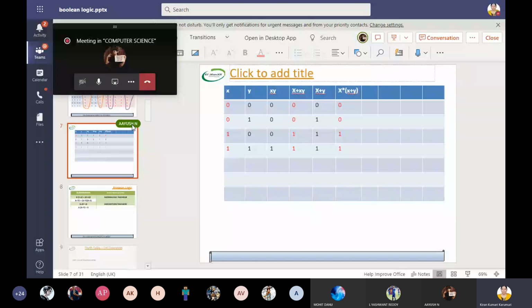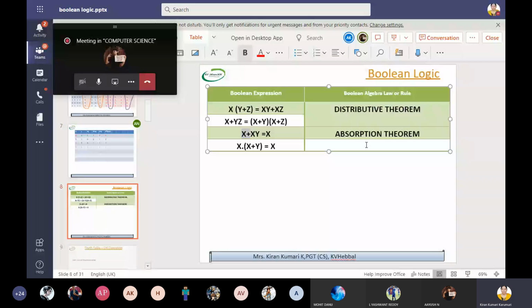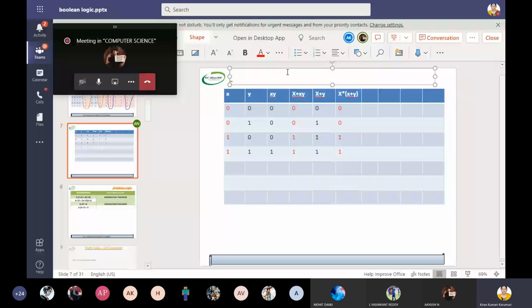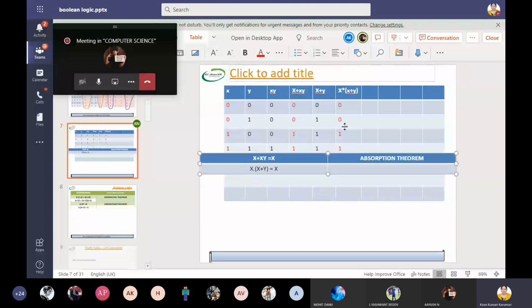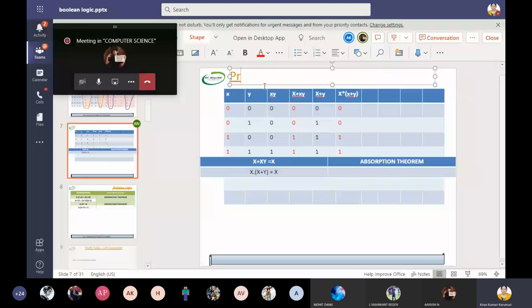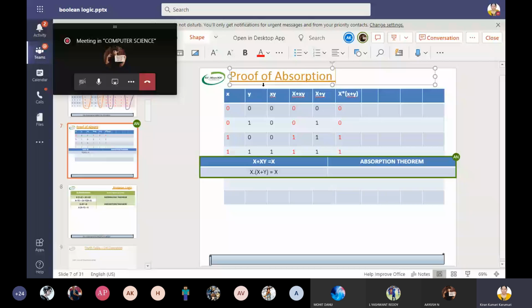So this is the absorption theorem. Here I am writing the title: Absorption, proof of absorption using truth table.